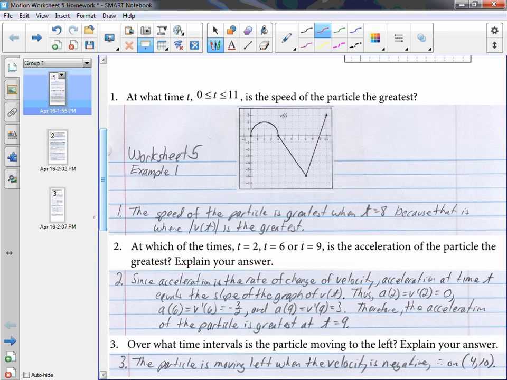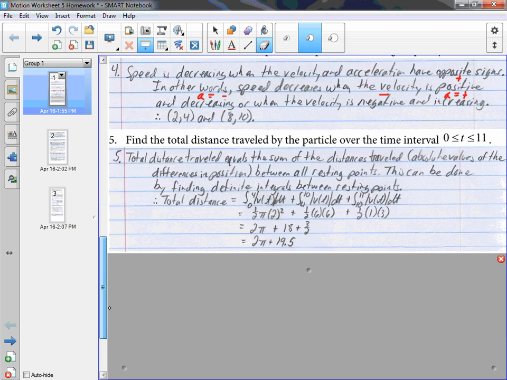All right. The base of the triangle goes from 4 to 10, so it's a 6. The height starts at a vertex perpendicular to the base. That's also 6 spaces. I don't have to worry about putting a negative on there, do I? Because I'm taking its absolute value. So 1/2 times 6 times 6. And then from 10 to 11, it's a triangle again, 1/2 base times height. Add them all up.